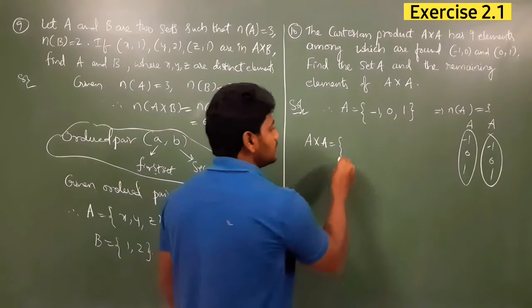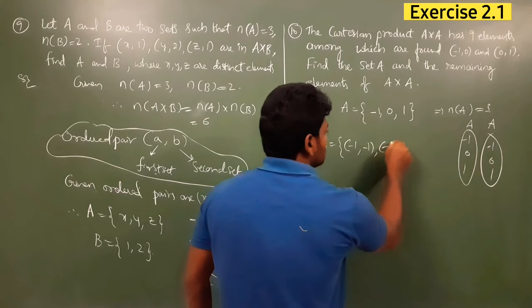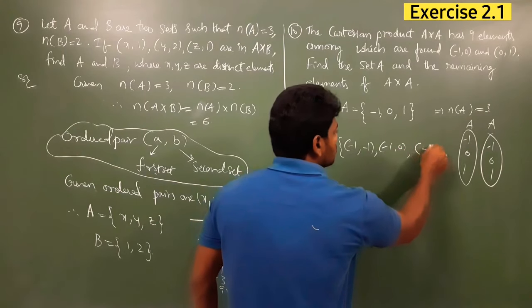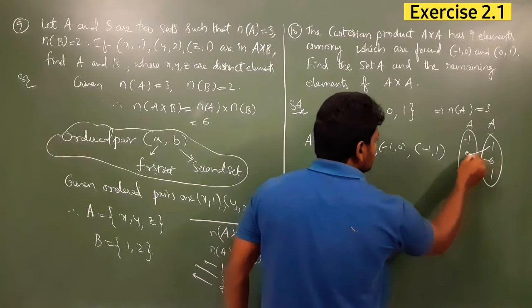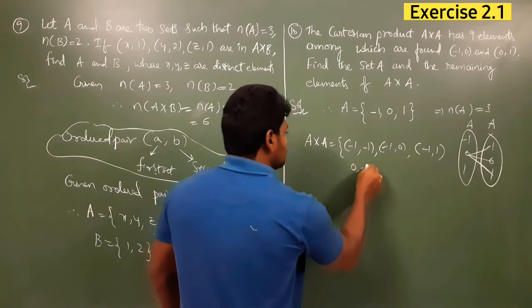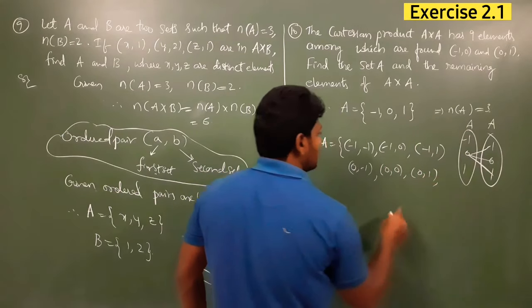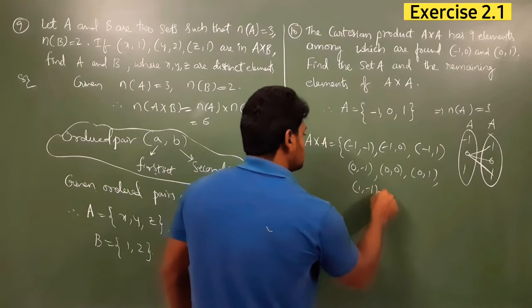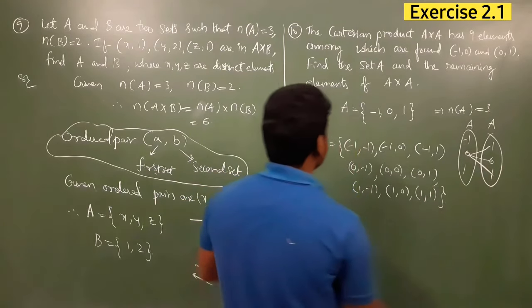You do the Cartesian product: (-1, -1), (-1, 0), (-1, 1). Next, (0, -1), (0, 0), (0, 1). Next, (1, -1), (1, 0), (1, 1). This is A × A.